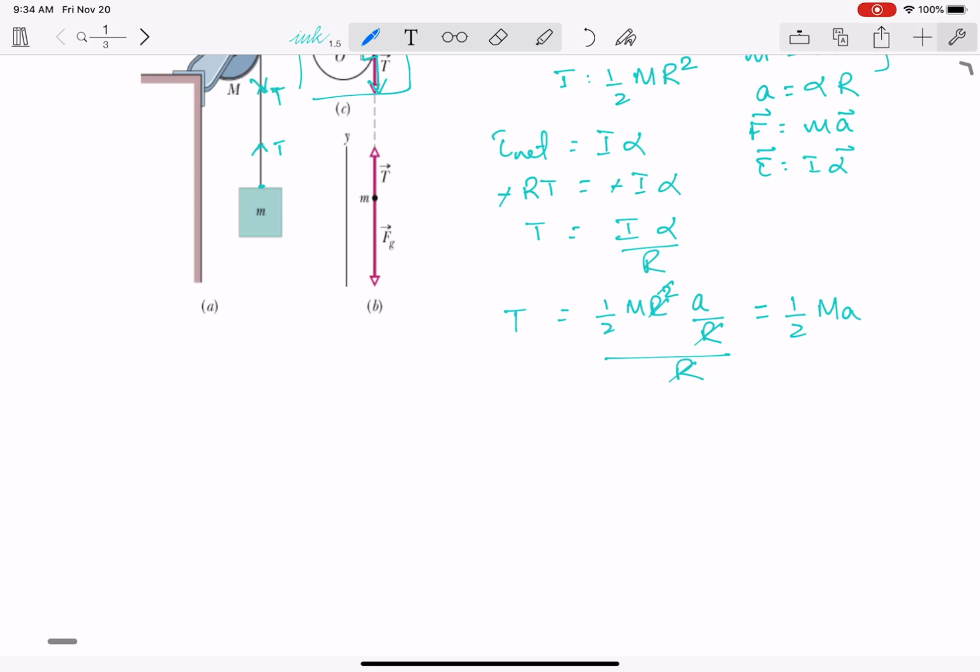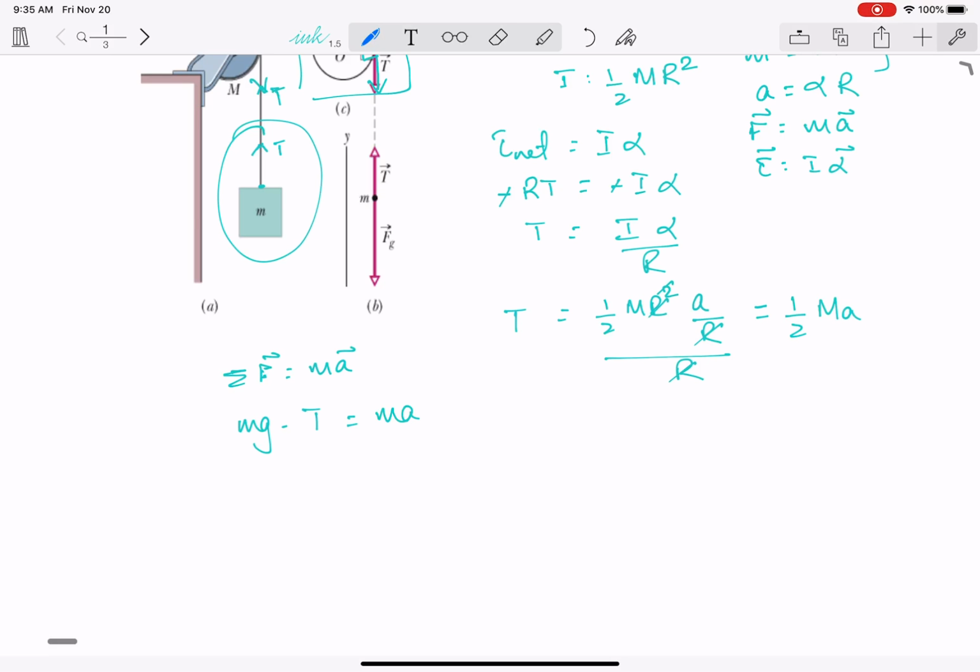To find the tension, we need to know the linear acceleration. To find the linear acceleration, we're using this block here. So the summation of force equals M A. In this case, the force down is m g minus T equals M A. So we need to find acceleration first.